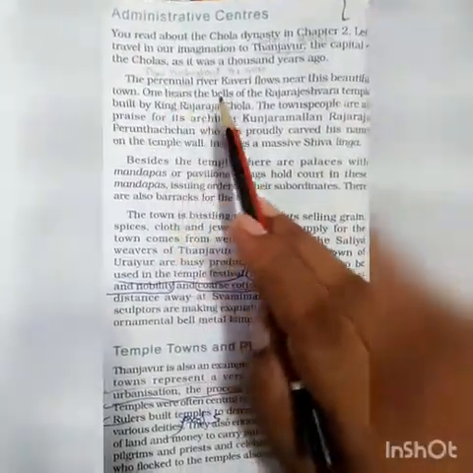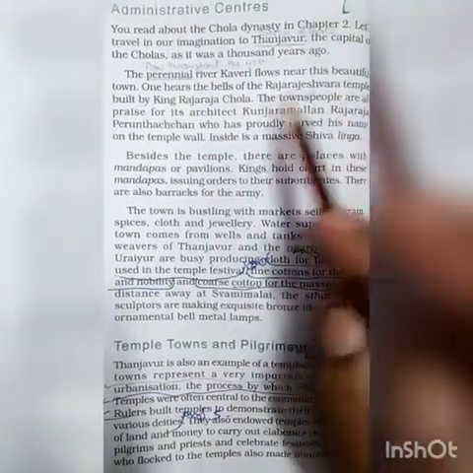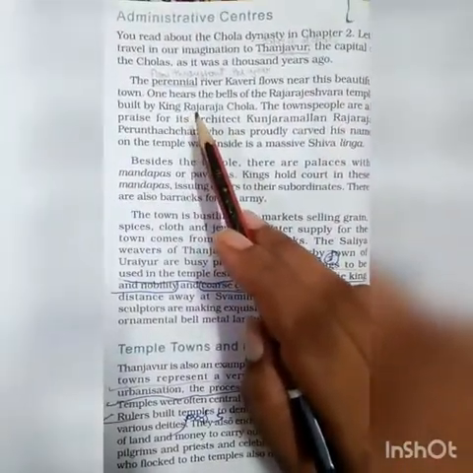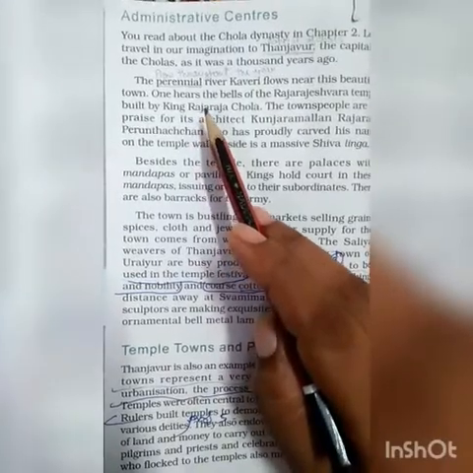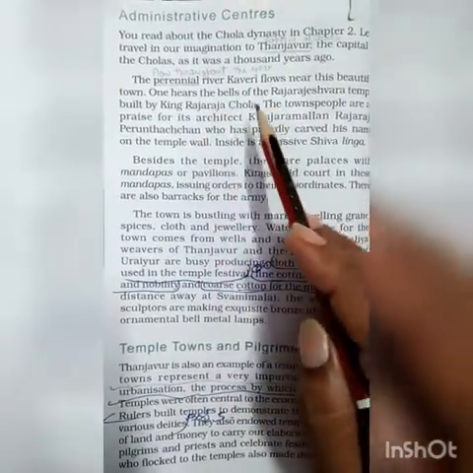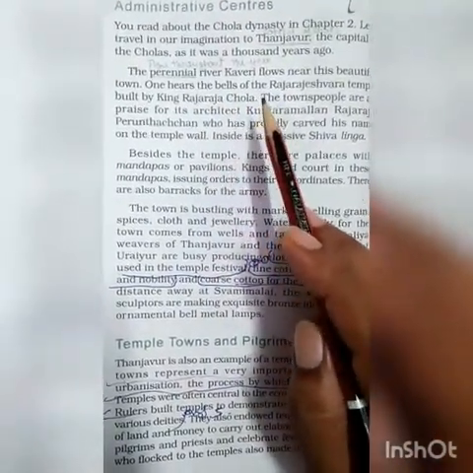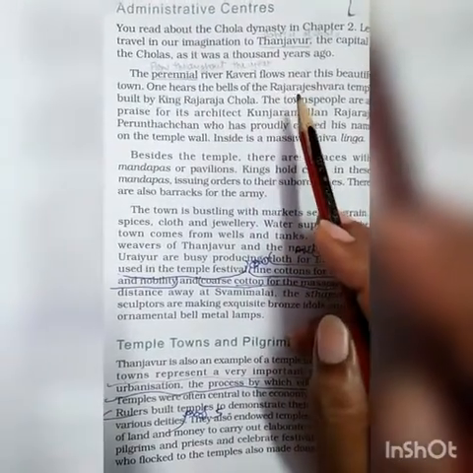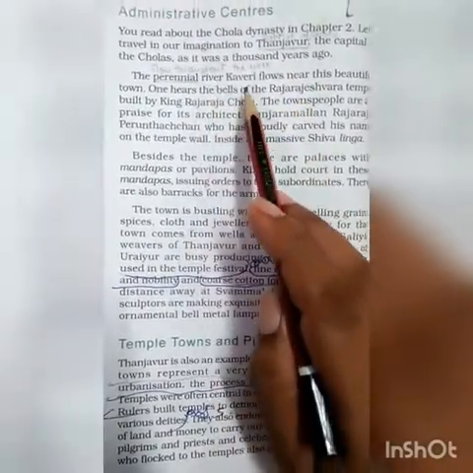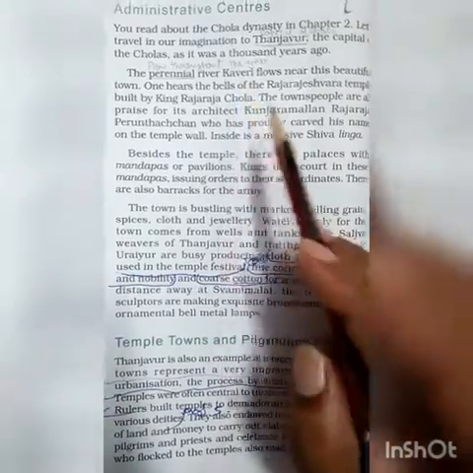The perennial river Kaveri flows near this beautiful town. Remember, water supply to this town comes from wells and tanks and the perennial river which flows nearby, that is river Kaveri.